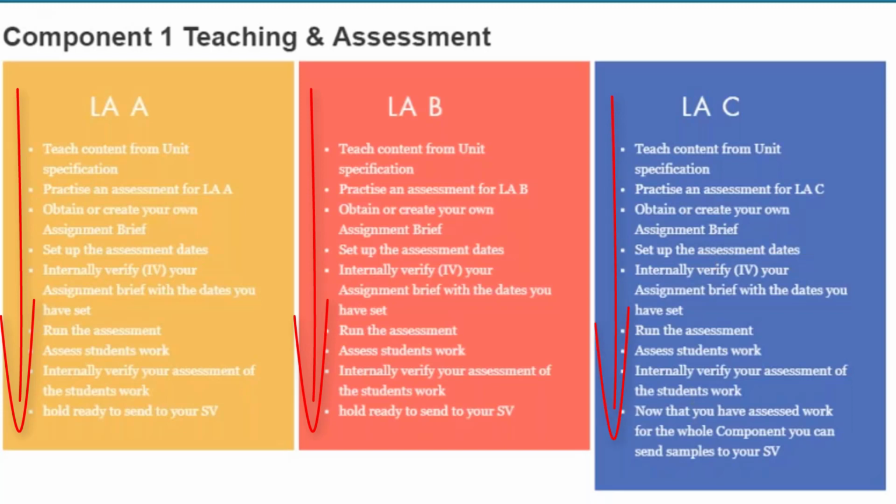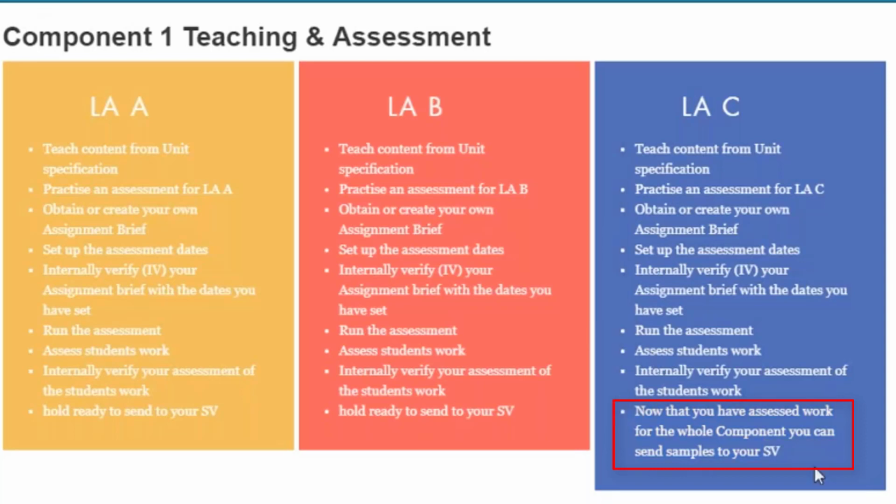You can combine learning aim B and C together in one assessment if you like. You can combine learning aims A, B, and C together and do one large assessment. Normally our recommendation is to chunk it up into smaller bits because it just seems to work better, but it does mean that little bit more admin. When you get to the end of learning aim C, you've got assessed work for the whole of the component, for all 3 learning aims.